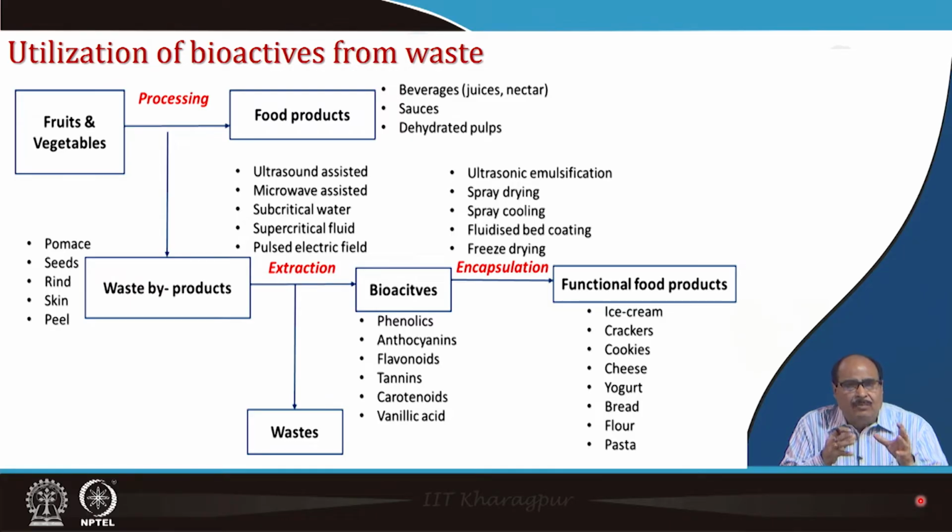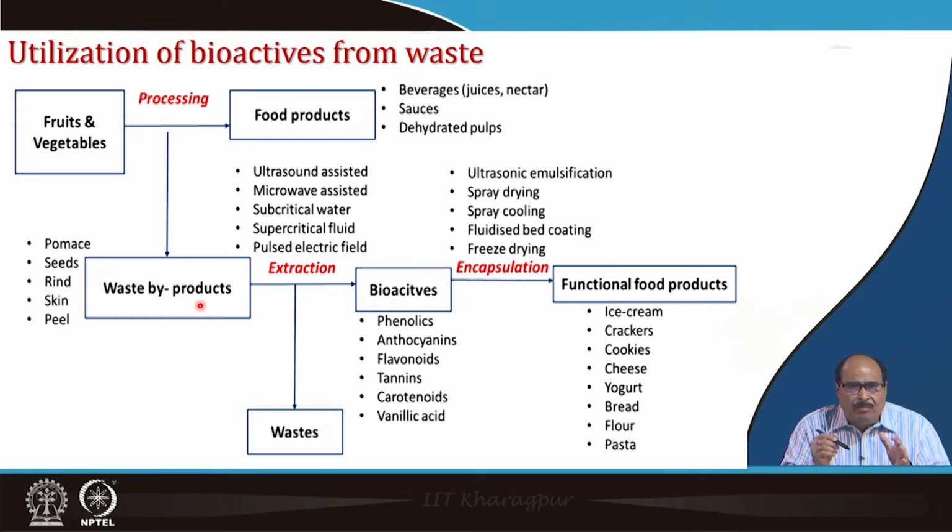You should know that when fruits and vegetables are processed into value added products, juice, nectar, sauces, dehydrated products, etc., they generate, as I told you, various waste or byproducts like pomace, seeds, rind, skin, peel, etc. So, these byproducts can be subjected to appropriate technologies.